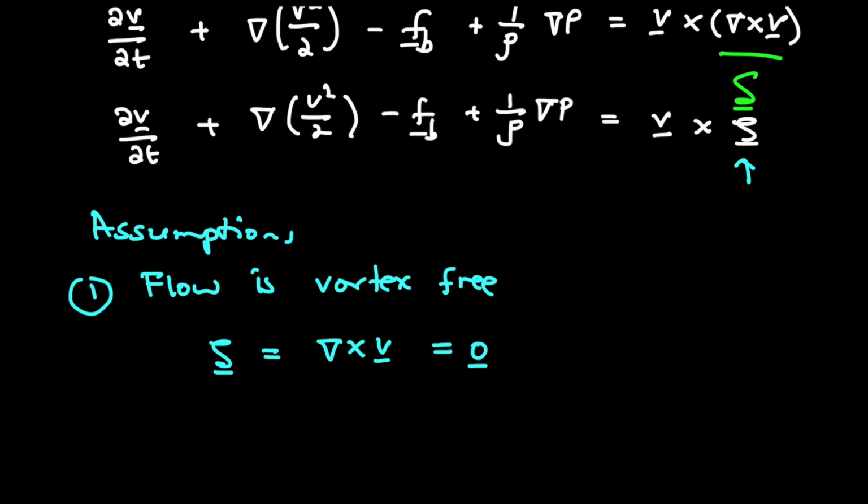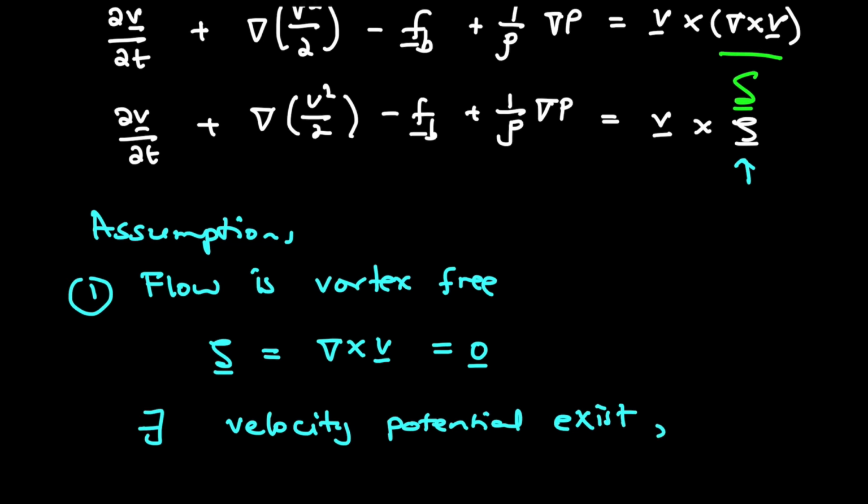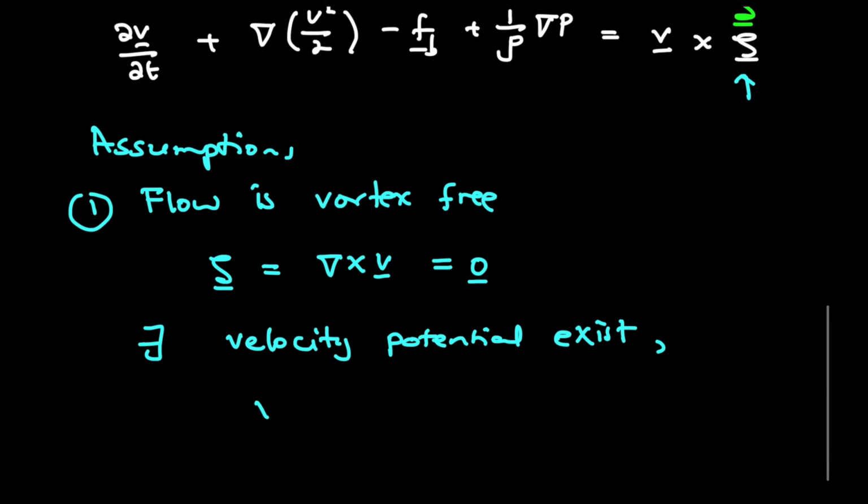Okay, so because of that, there exists a velocity potential. The velocity potential exists such that the velocity will be linked in this manner, right? Because the vorticity equals 0.